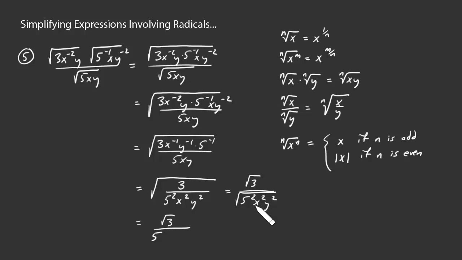But is it x? Well, we aren't completely sure, are we? If x was a negative, remember, this tells us we have absolute value of x there. And the same thing works for y too, right? So we have absolute value of x times absolute value of y. That's the same thing as the absolute value of xy if we wanted to write it a little bit tighter. And this is pretty tight. Okay, so there is our simplified form.